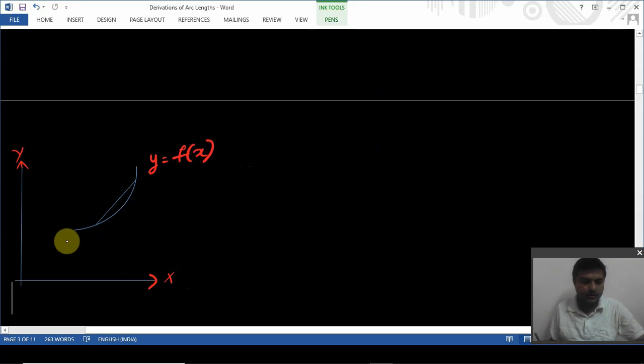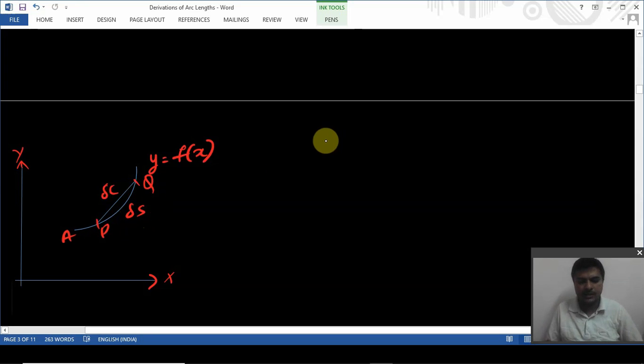Now this point A is a fixed point, and this is a point P and another point Q. From Q to P it is going to travel and the chord is going to change, that change in the chord is delta C, and this change in the distance along the curve I am going to take as delta S. Students, can anybody tell me what is the distance formula from this?